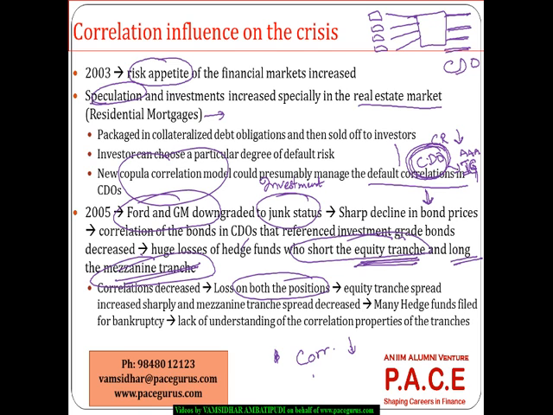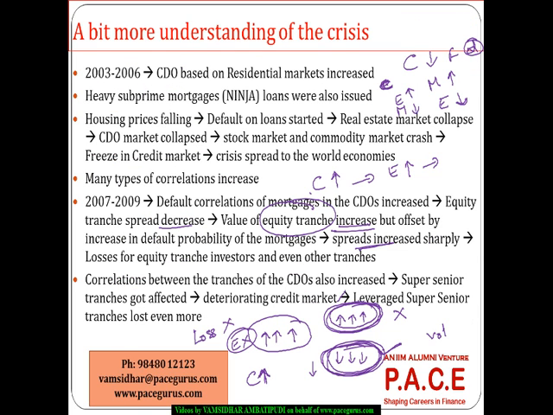And the correlations within the mortgages, within the different instruments, have increased. It is the same story: they have lost on the equity tranche, where the value has gone up, and on the mezzanine tranche, where the values have gone down. So the correlation between the tranches of the CDO also increased.